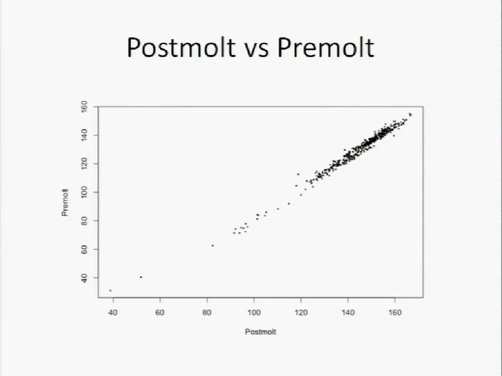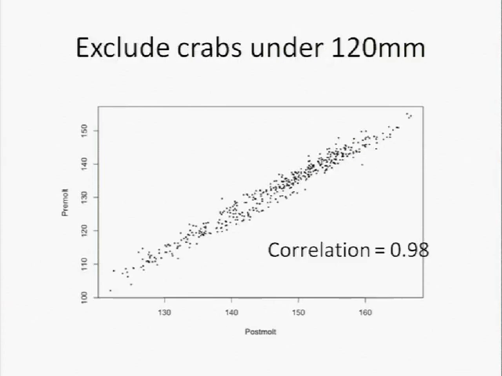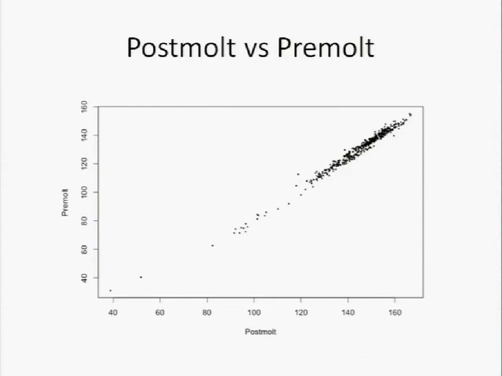Most of the data is above 120, so I could calculate the correlation of this whole thing, or I could just cut it off at 120. So maybe what we're going to do is just look at a subset of these crabs. We're going to exclude everything under 120 millimeters. So everything from 120 and below, like all these things, those could be seen as outliers.